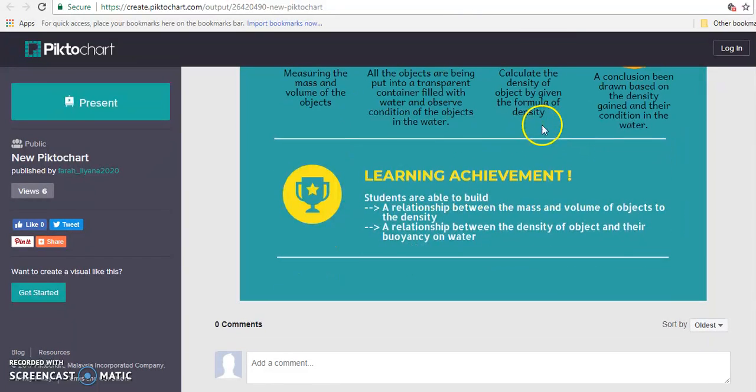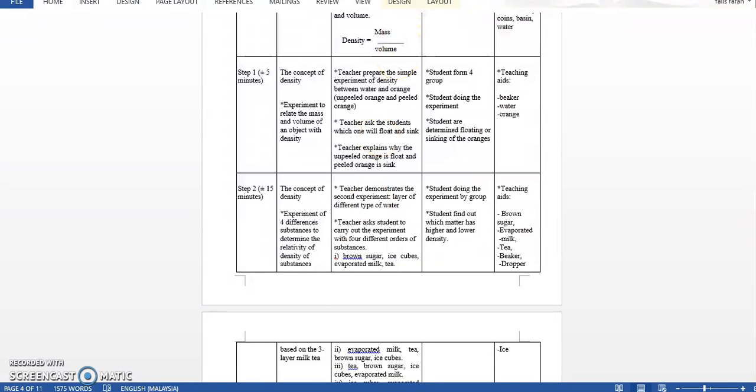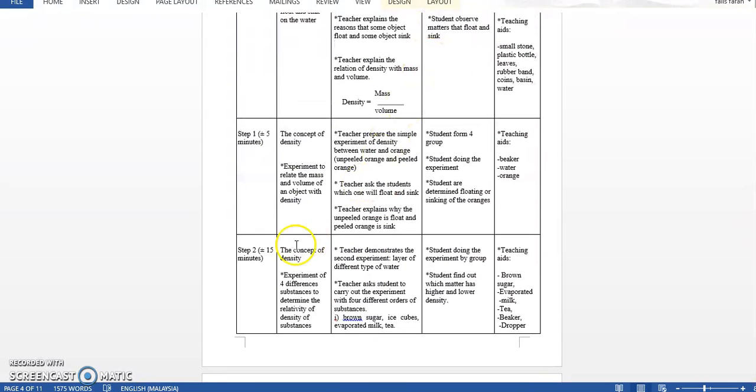So what students achieve from the experiment is they can relate the relationship between mass and volume of an object to the density. Going back, what is the formula of density? Density is mass per volume. So this is really different. Mass and volume.